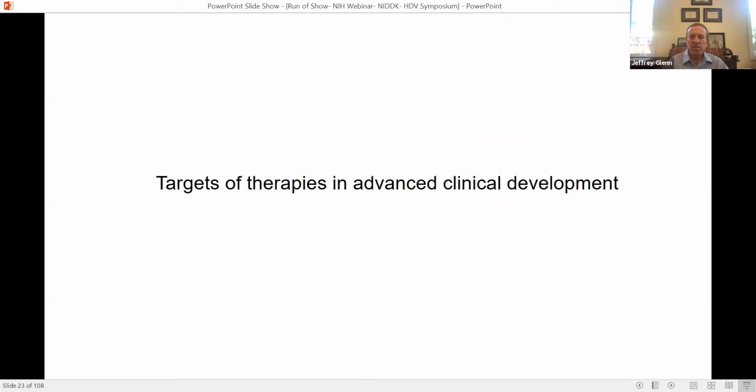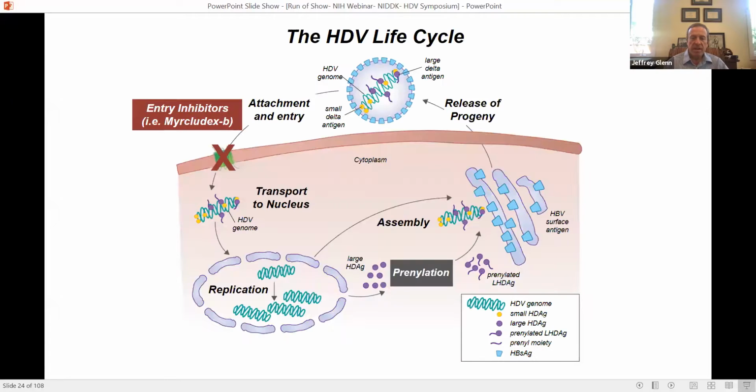So in the next slide, I'll just begin to really highlight the targets of therapies that are in advanced clinical development. Next slide. So the first are so-called entry inhibitors, exemplified by Hepcludex (bulevirtide), which seek to block the attachment of the virus to its receptor.